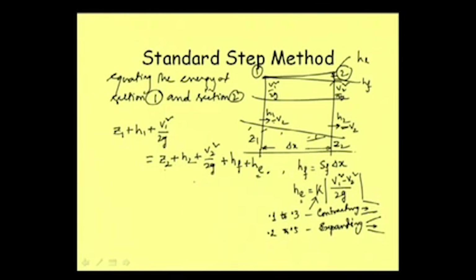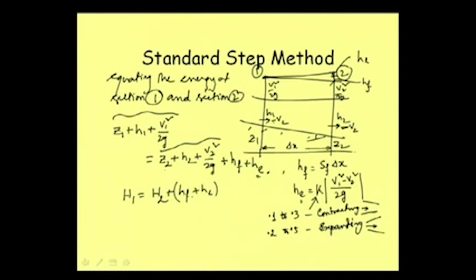And then from this equation, if we write this as the head H1 and this as the head H2, then H1 is equal to H2 plus the loss, SF plus HE, that we can put under bracket.